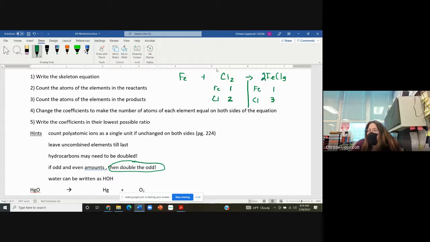So I'm going to put a 2 here. That brings that up to 6, but it messes with this guy as well. Okay, we are distributing this throughout. So 2 times 1 is 2, and 2 times 3 is 6. All right. So now I need to go over here and fix this.